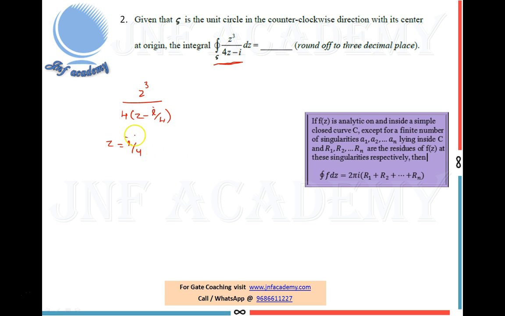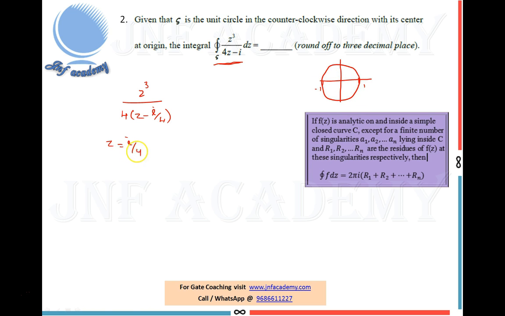Next, you have to check whether it is inside the curve C or outside. What is the curve? It is the unit circle in the counterclockwise direction with its center at origin. Unit circle, so this is 1, this is minus 1, this is the circle, radius is 1 and center is origin.